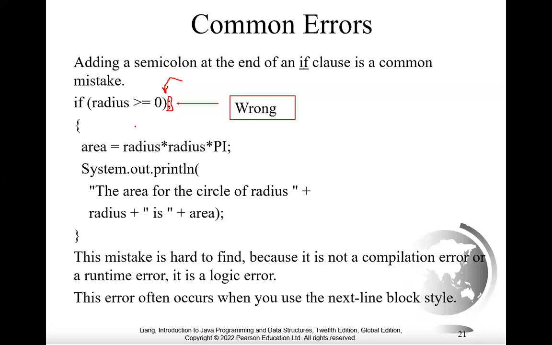So your code will never evaluate this part based on the result of this expression. It would always evaluate this part, no matter what this expression looks like. And because of that, you should not put a semicolon here. It's very bad because it's a hard to find mistake. I mean, if your code would not compile, it would have been a good mistake because you can easily find it. But your code would compile, but you would have a wrong result.